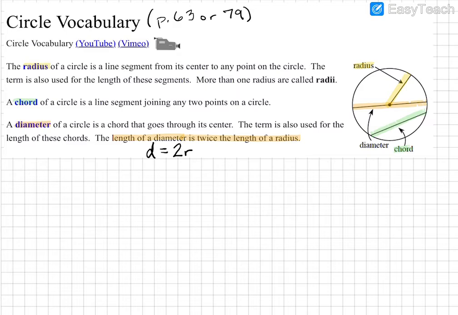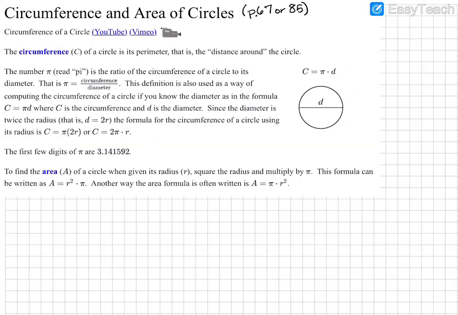Now that we know the vocabulary, we can talk about how to use those lengths to find the circumference and area of circles. When we talk about the circumference of a circle, what we are talking about is its perimeter, or the distance around the circle.